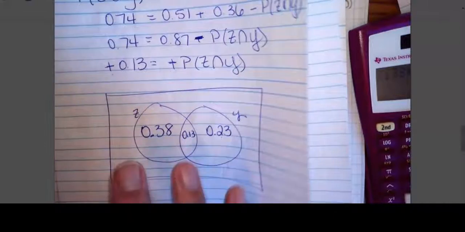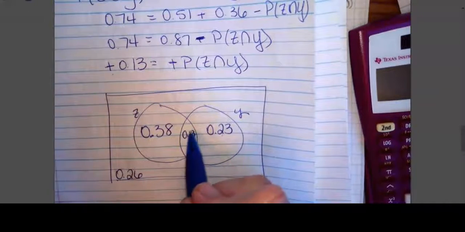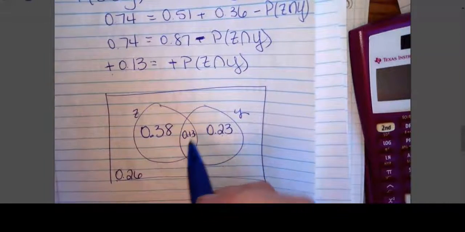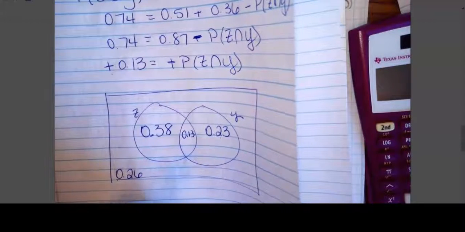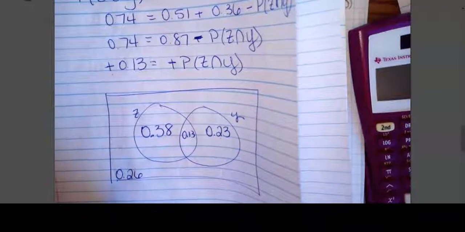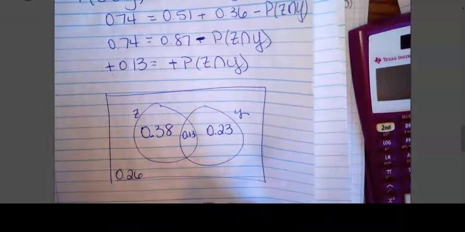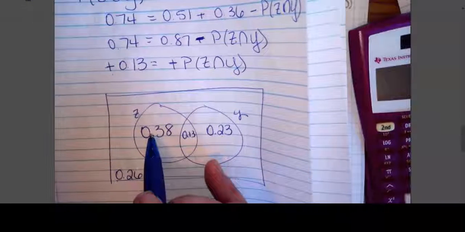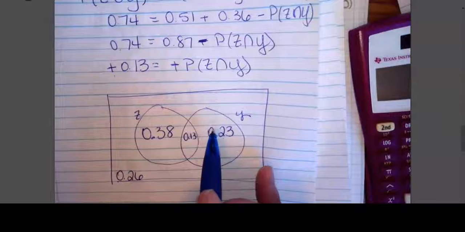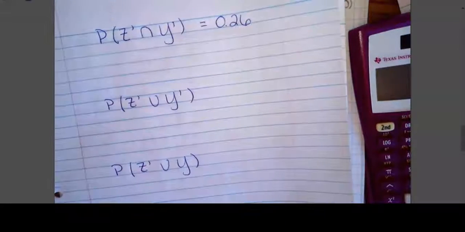What it ends up being is just this little overlap part. That's the only place where that Z and Y, and we want not Z or not Y. Okay, so if it is in Z, it cannot also be in Y. So our answer there is just the little overlap part, which is 0.13.